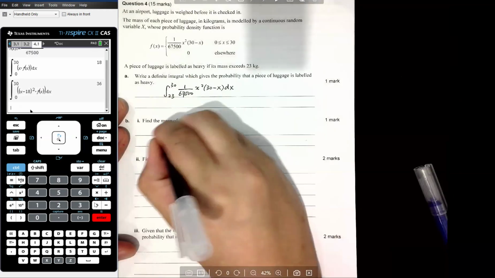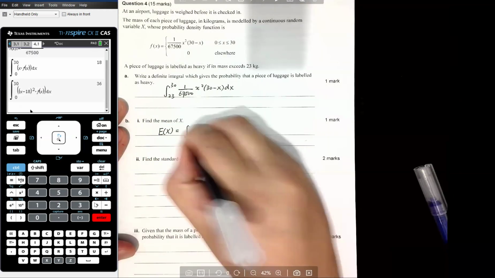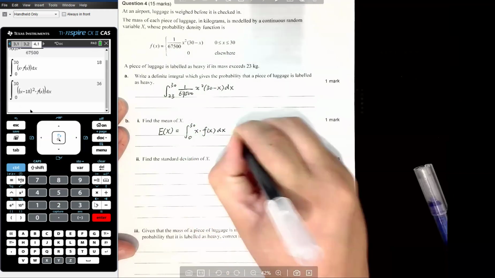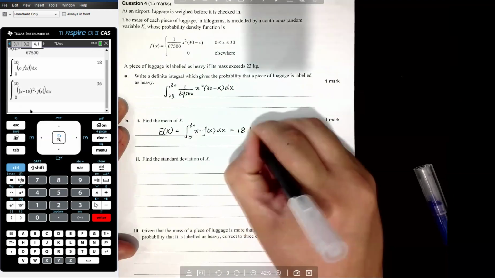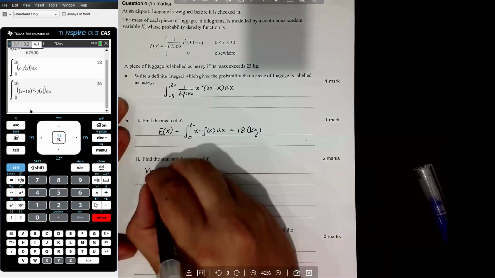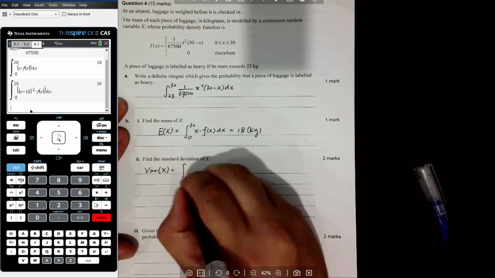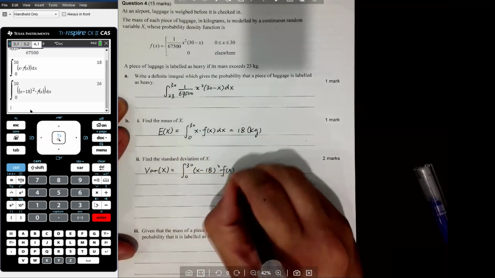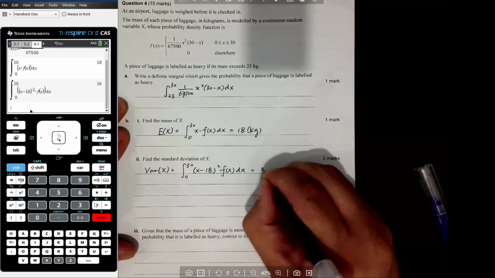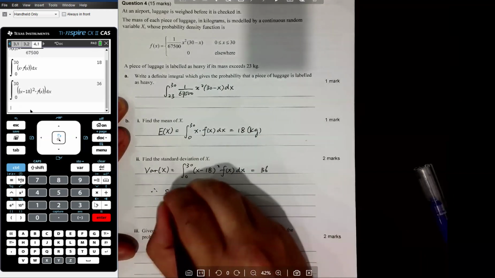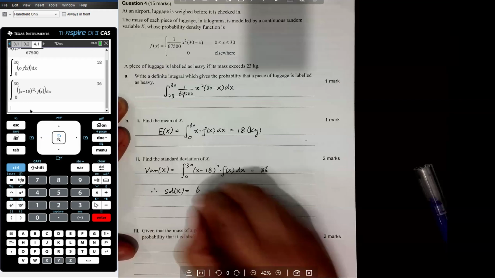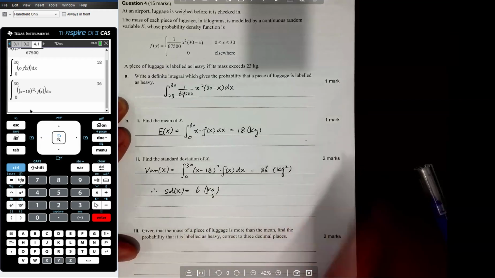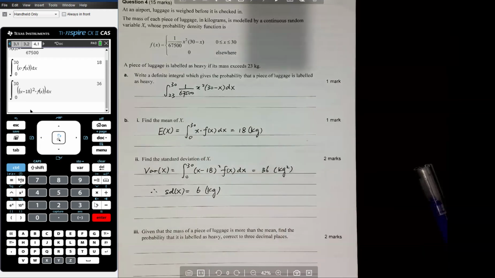So E of x equals integral 0 to 30, x times f of x equals 18 kilograms. And variance of x is 0 to 30, x minus 18 squared, f of x dx, which is equal to 36. Therefore, the standard deviation of x equals 6 kilograms. The unit for variance is kilograms squared, but you are not required to write down the unit.